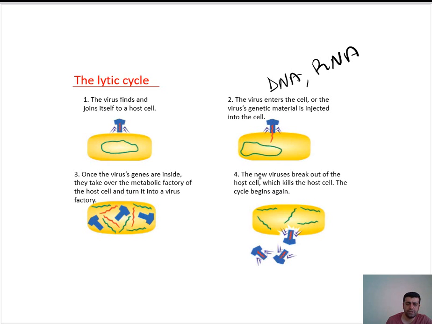Step 4. The new viruses break out of the host cell, which kills the host, and the cycle begins again. That means they come inside the host, use the food, genetic material, and other materials of the host, then kill their host and go outside.